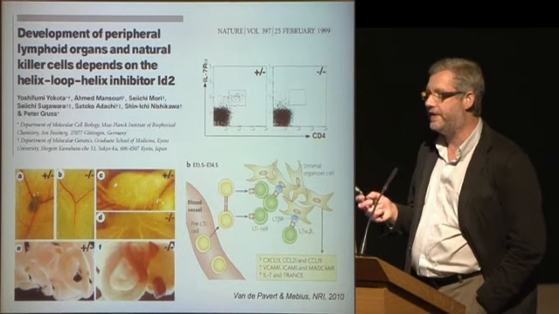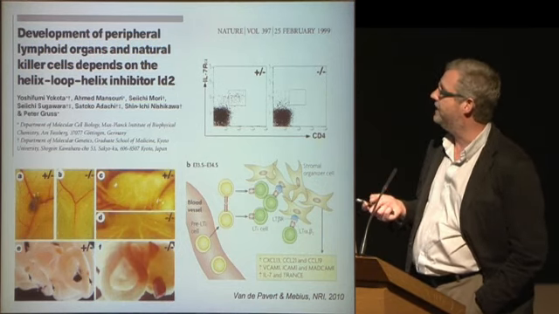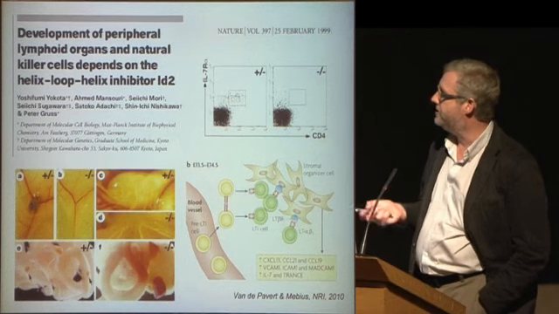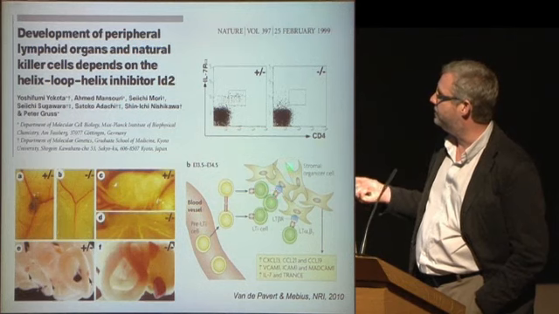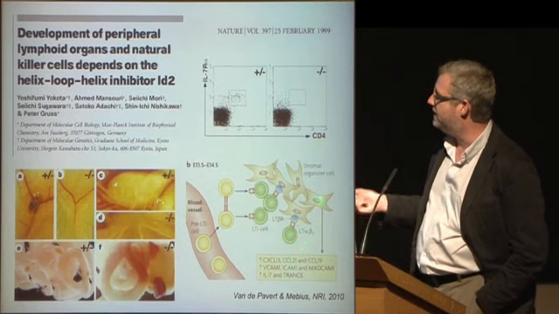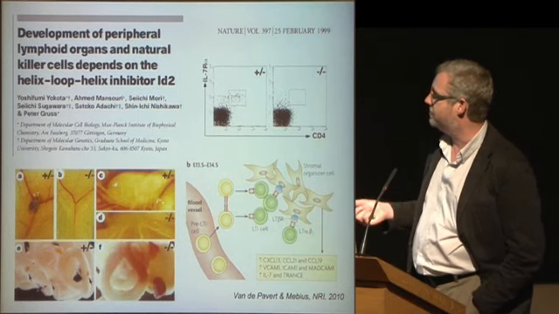And we know now that this is due to interactions between lymphoid tissue inducer cells, which express ID2 and are able then to interact with stromal organizer cells to provide the initial interactions necessary for recruiting lymphocytes into these structures.